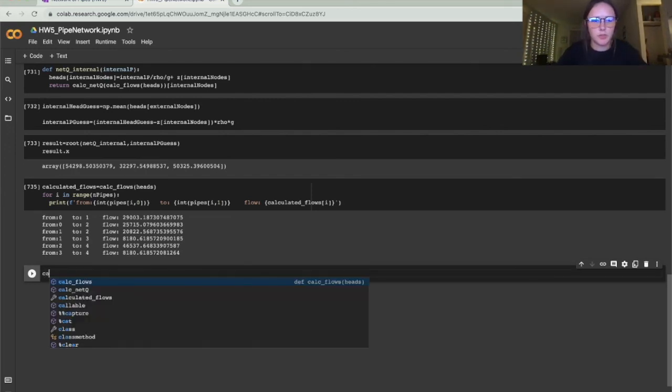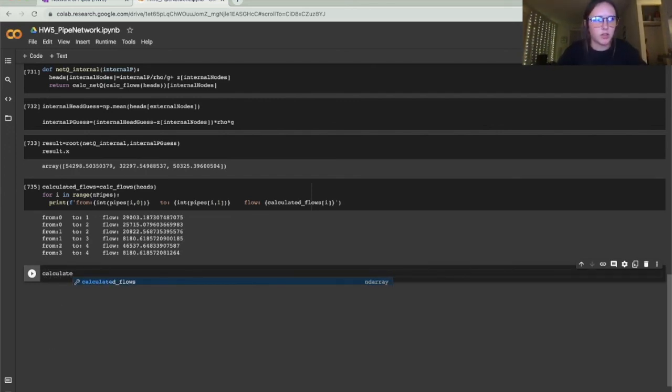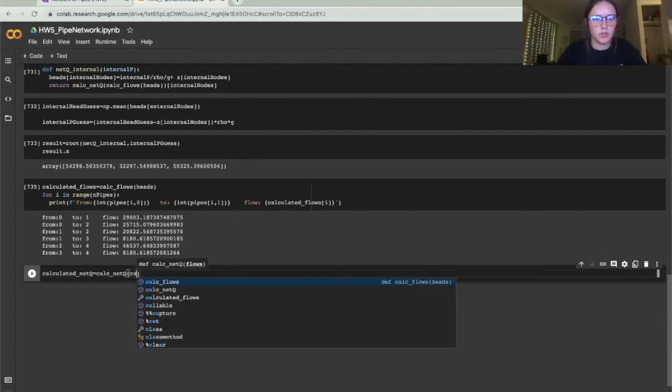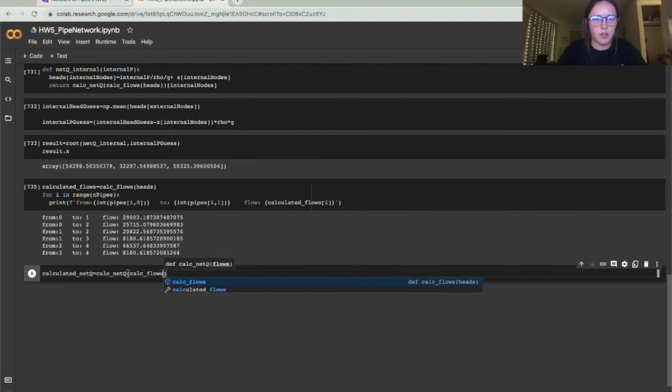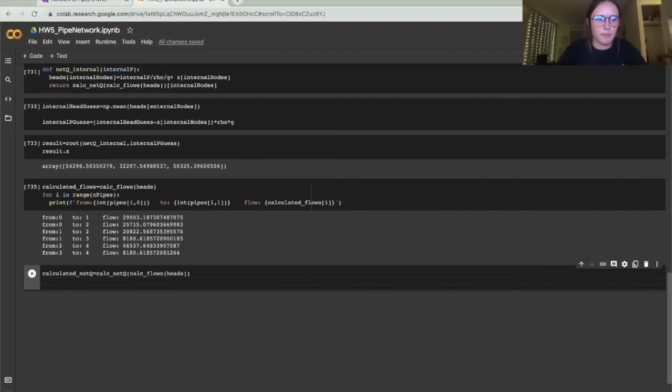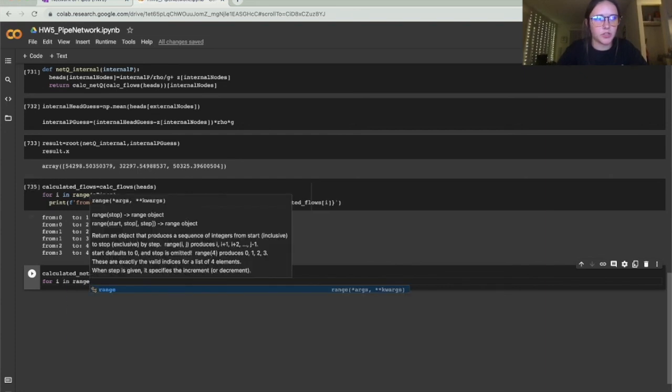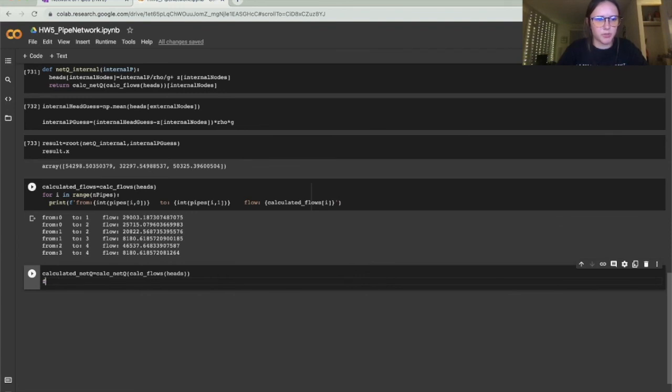And we're going to do the same thing. Calculated underscore net Q equals calc underscore net Q of calc underscore flows of the heads. And we're going to do the same thing for i in range. Oh, I'm sorry. We need to put some stuff first.